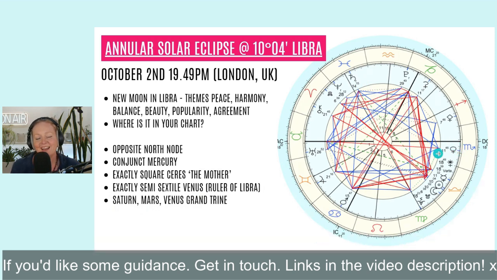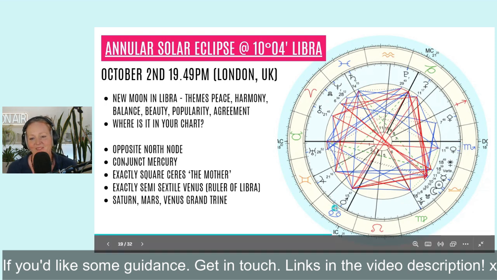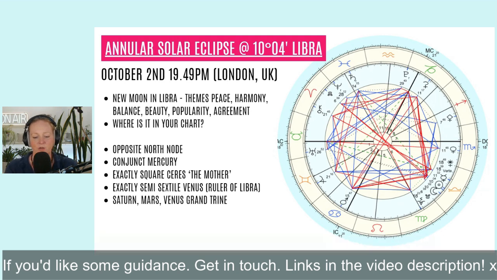Oh my goodness. And there again is the story: Venus, the female, Mars, the male, and then Saturn as new laws. It could also be the parent, the structure, the framework.